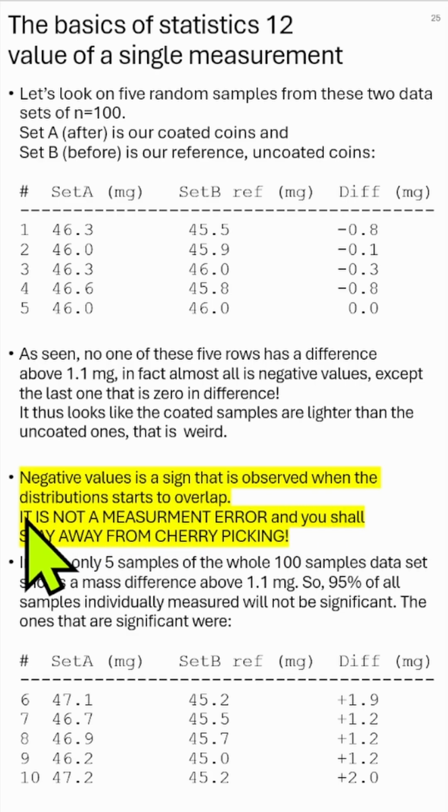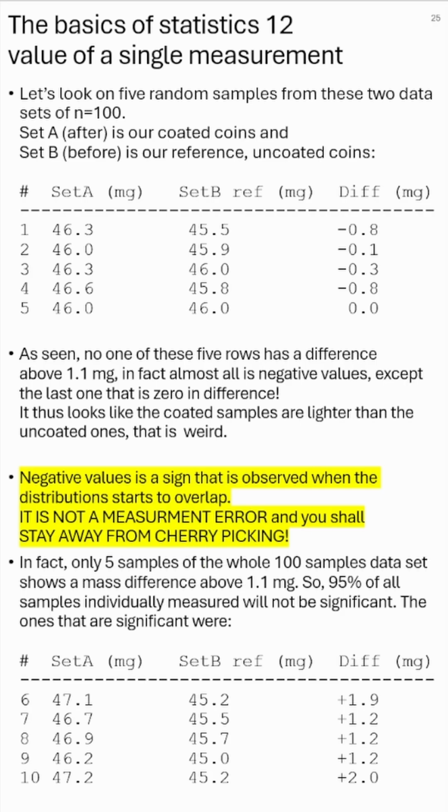The message here is that you must understand that this is not a measurement error, and you should stay away from cherry picking. By that I mean disqualifying these negative results and saying they must be caused by the measurement instrument or something. It is not. It is caused by statistics, because the observed distributions start to overlap.